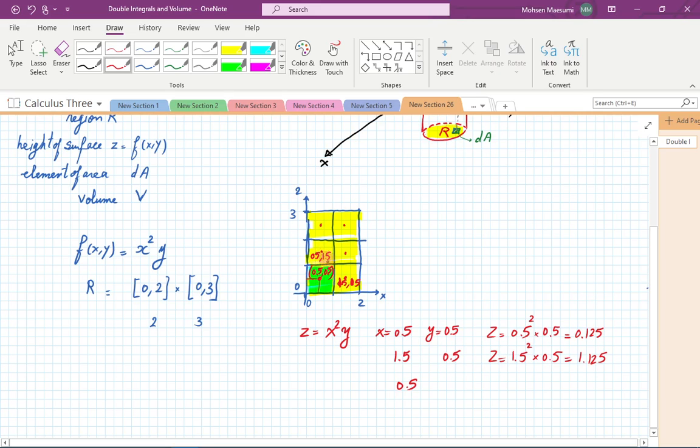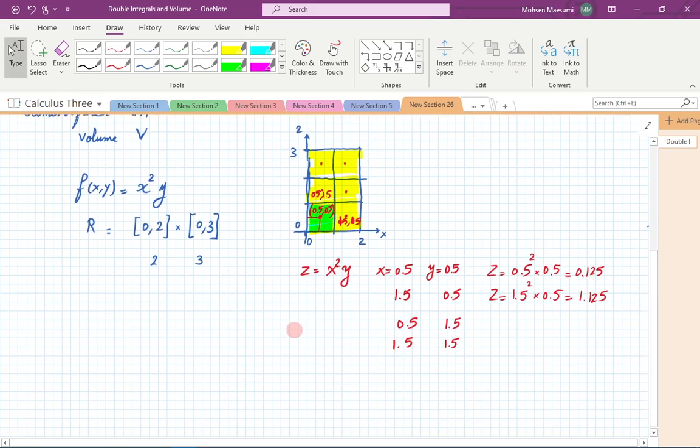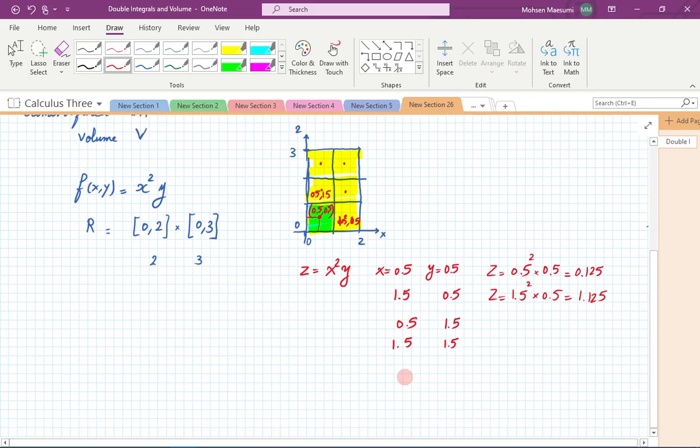So this point is 0.5, and then the y is 1.5. Next point is going to be 1.5 and 1.5. Next one, x is first one again 0.5, and then y of it is going to be 2.5. Next point here, it's going to be 1.5 and 2.5.